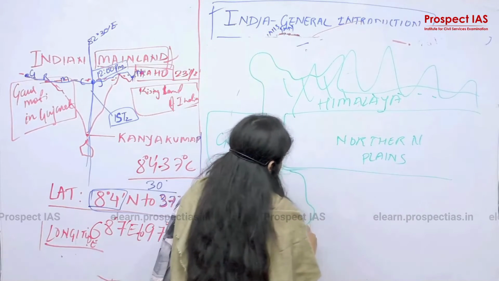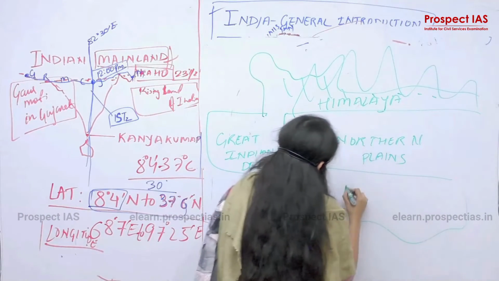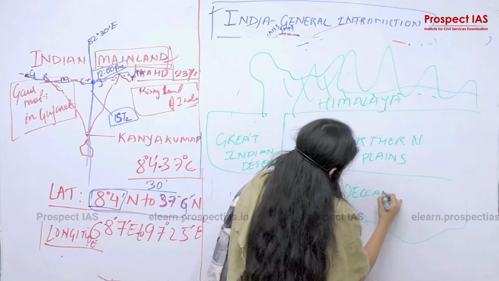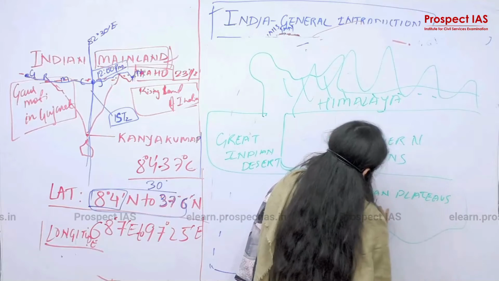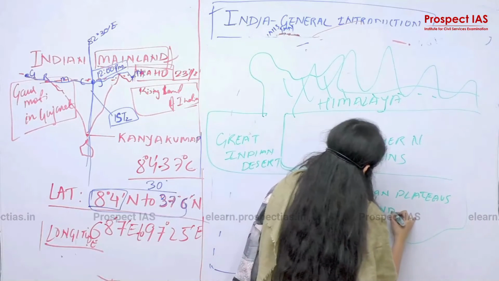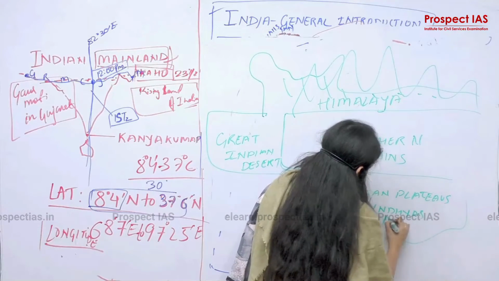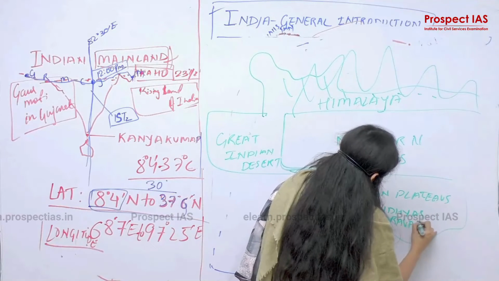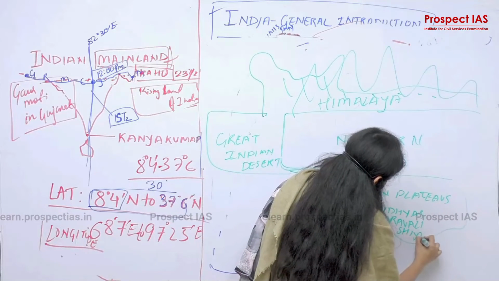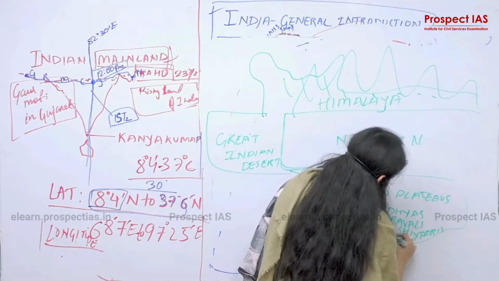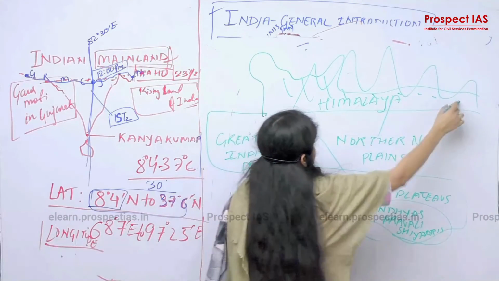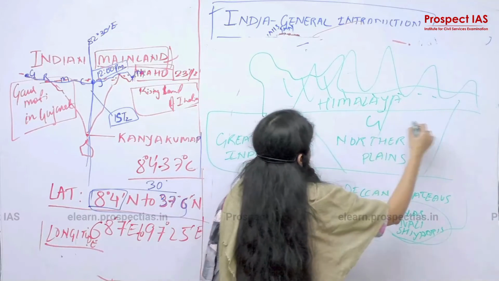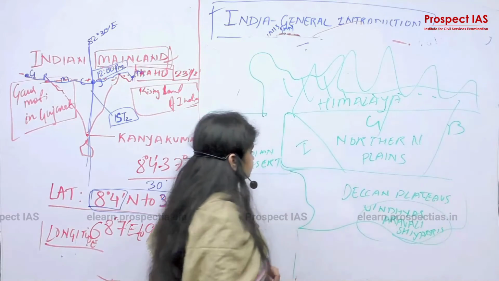Then you have your Deccan plateaus, that is your Vindhya, Aravali, Sahyadri, and such regions. In the northern plain, you have three major river systems: Indus, Ganga, Brahmaputra.